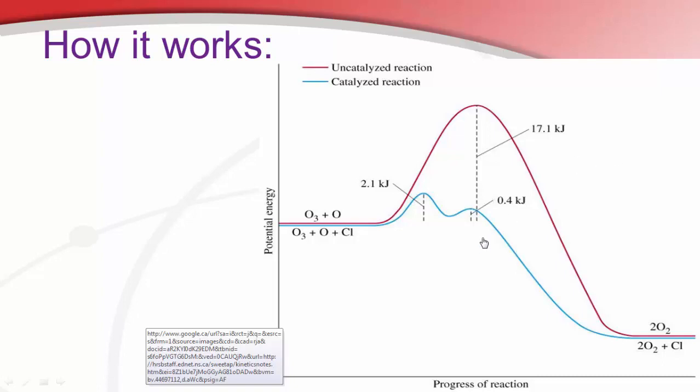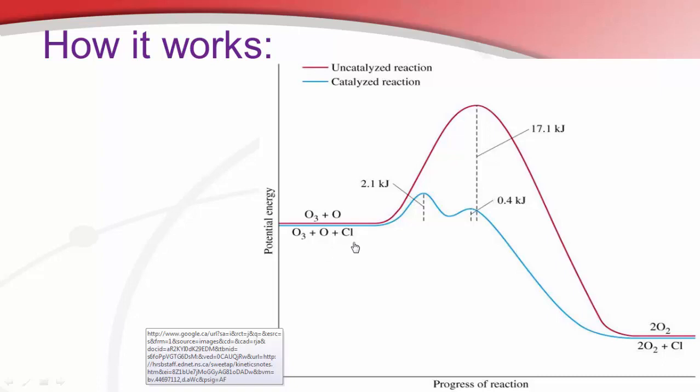The reaction of ozone with an oxygen radical in an uncatalyzed reaction has a very high activation energy, and is not likely to occur even in the high energy environment of the atmosphere. And so this reaction is, while significant, slow enough to mean that we have a stable ozone layer in the atmosphere.